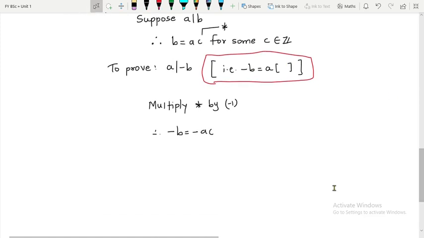So what to do for that? Can you think? That is a simple adjustment. This minus b can be written as a multiplied by minus c, and that is what we have to prove.